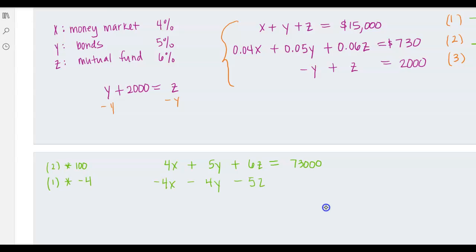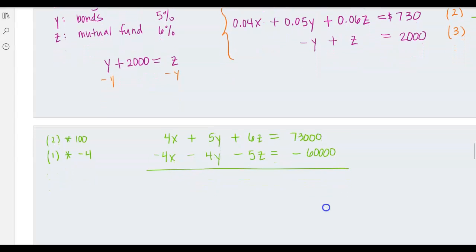And this will be negative 60,000. Okay, add this together. What do we get? We get a y plus z equals, oh wait a minute, that should be a 4.